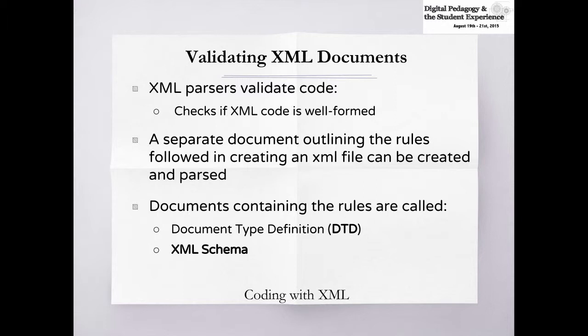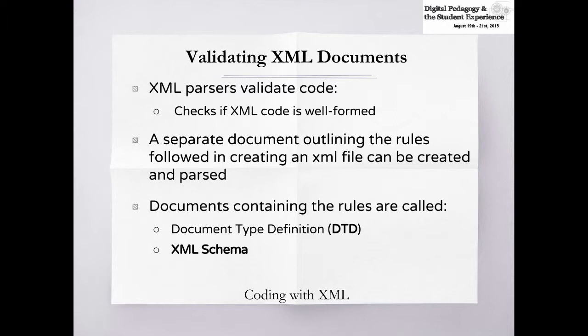What you can do is also create a document that outlines the rules you followed in creating your XML file. In addition to the XML file, you can also provide the parser with another file to inform the parser of the set of rules you've used to create your customized XML file. These rules can state when a specific element can be used, what values an attribute can take, for example.